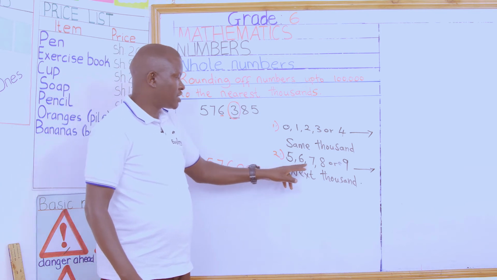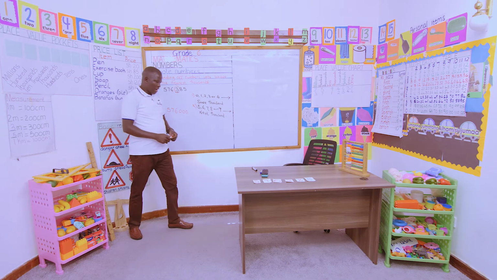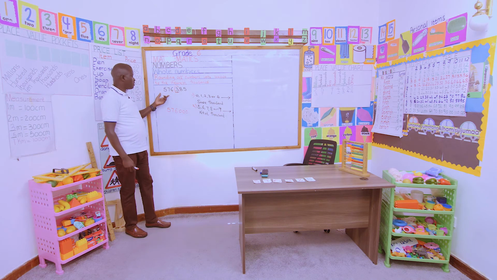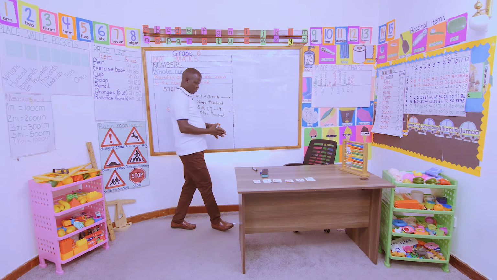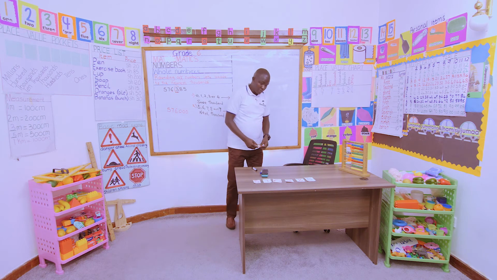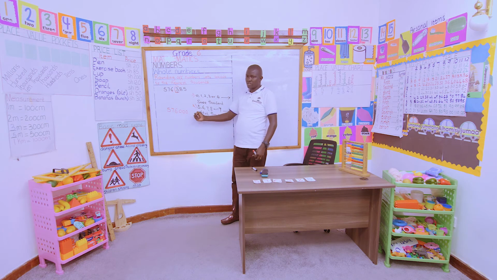But if it is 5, 6, 7, 8 or 9, we round it off upwards to the next thousand. So 576,385, when rounded off to the nearest thousands, becomes 576,000. That was our first example. We replace the 3 digits in ones, tens, hundreds with zeros.